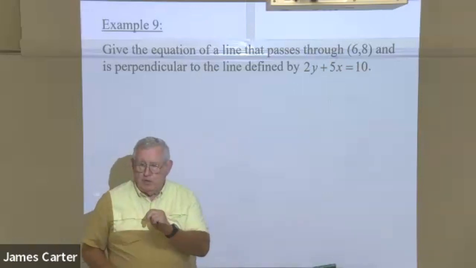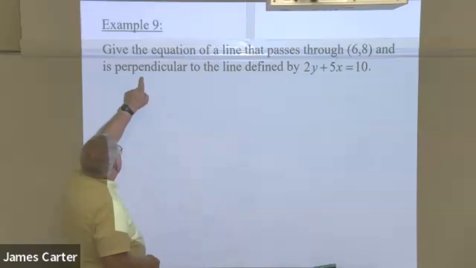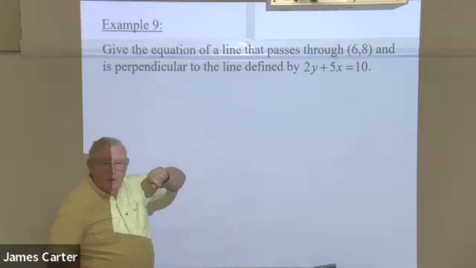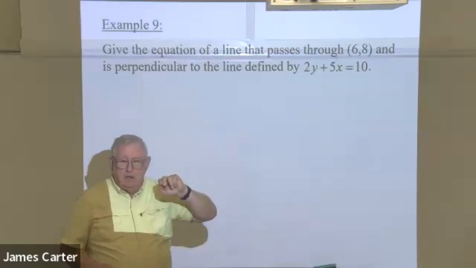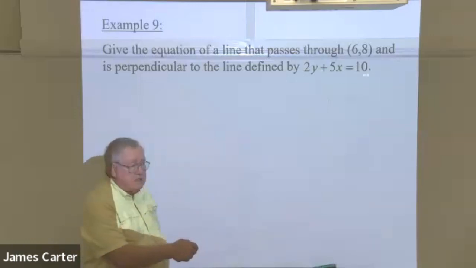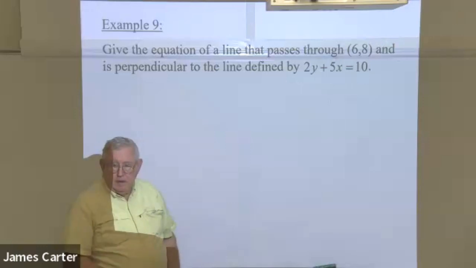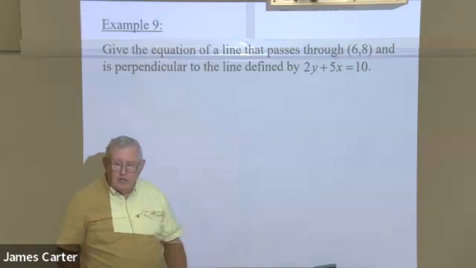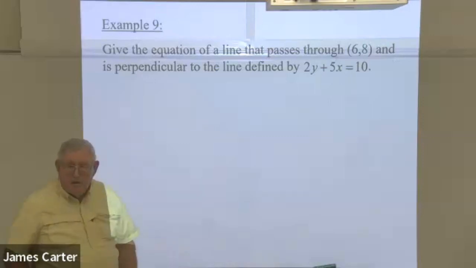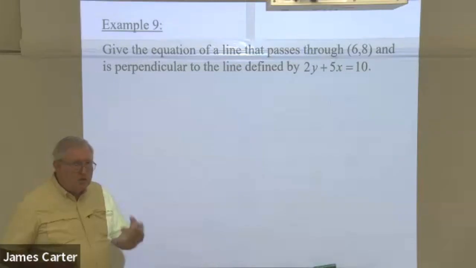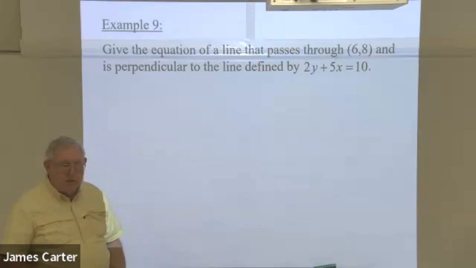Second thing we're going to do, since it says perpendicular, we're going to find the negative reciprocal of the slope of this. Then we're going to take that slope and this point with the point slope equation. It's just a repeatable process.